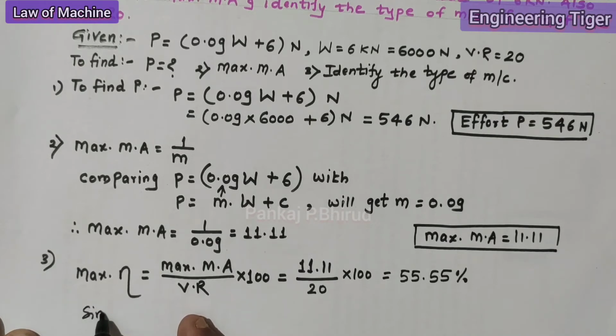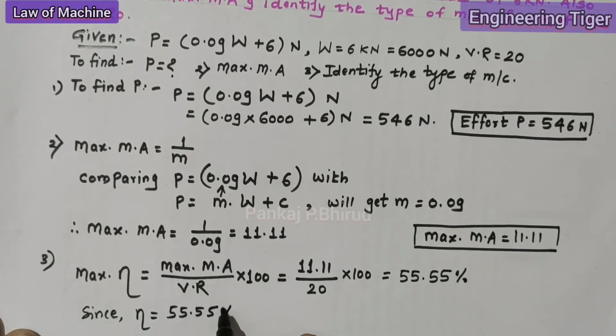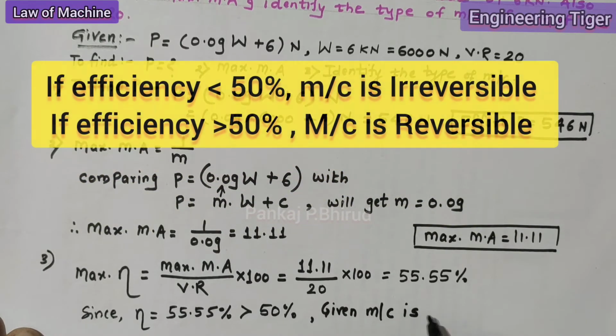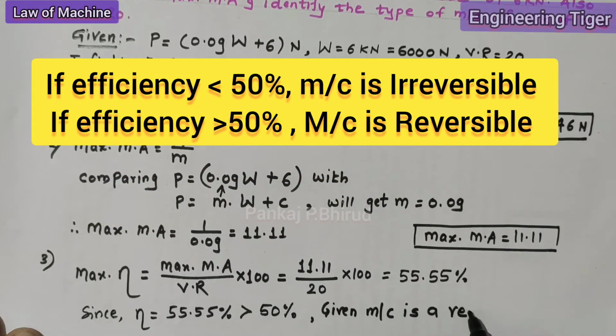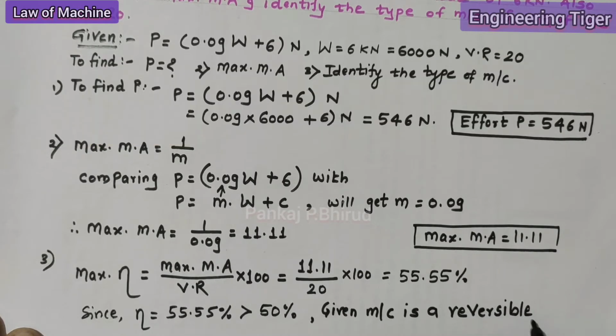Since efficiency equal to 55.55%, which is greater than 50%, then the given machine is a reversible machine.